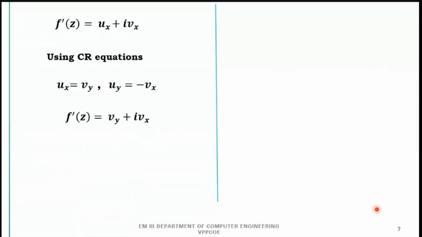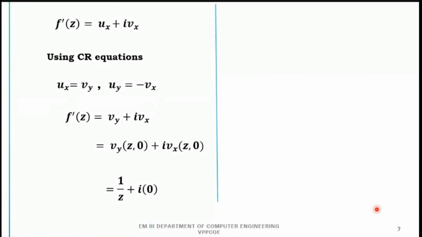So Vy is equal to 1 by z and Vx is equal to 0. If I substitute that, f dash of z will become 1 upon z. F dash of z is 1 upon z.